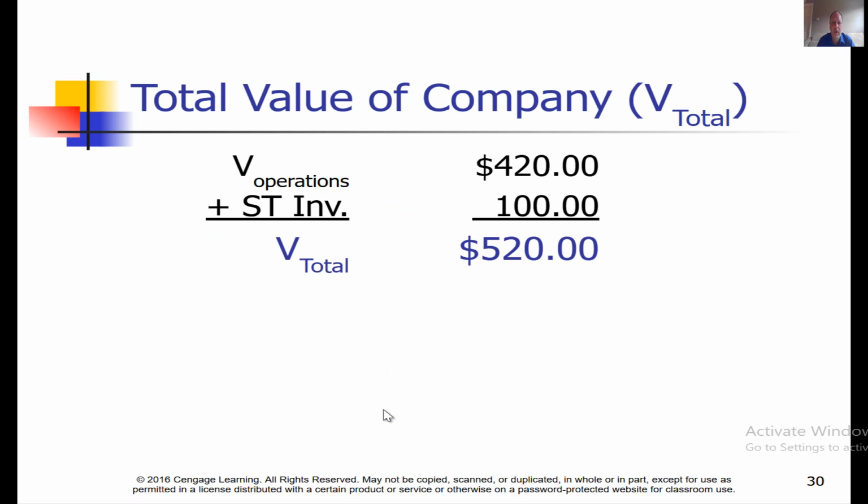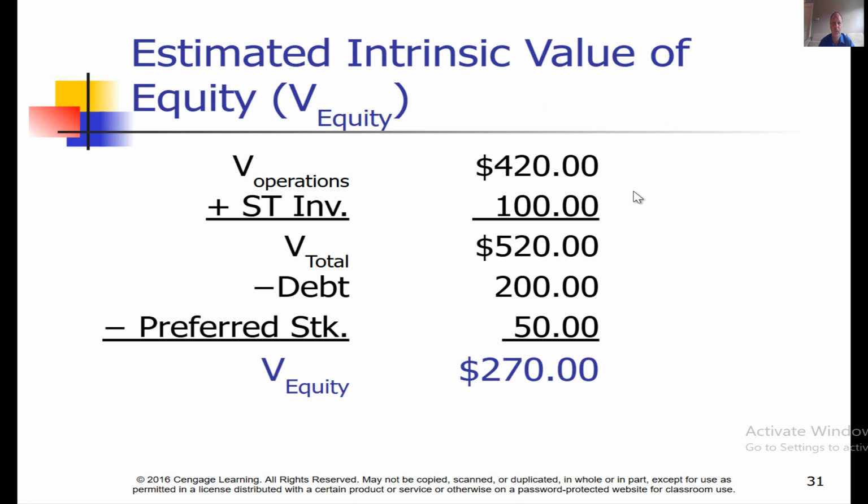The total value of the company is the value of operations we just calculated, plus the short-term investments of $100 million, which gives us a total value for the company of $520 million. If we want to get the estimated intrinsic value of equity, we have this total value of the company of $520 million.